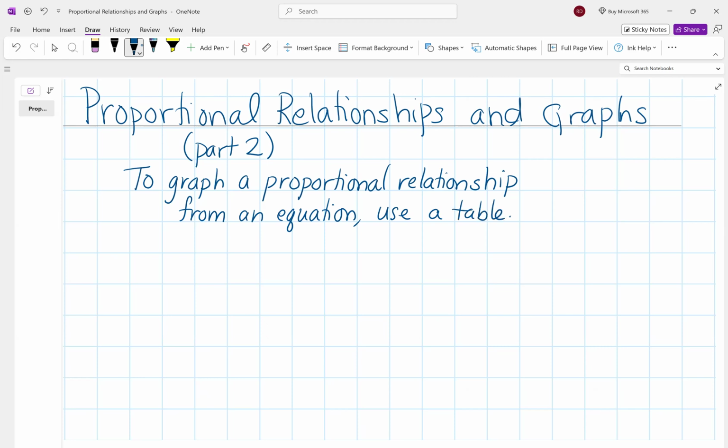So what that means is, for example, if I had y equals 6x, then the first thing I do is I make an xy table.